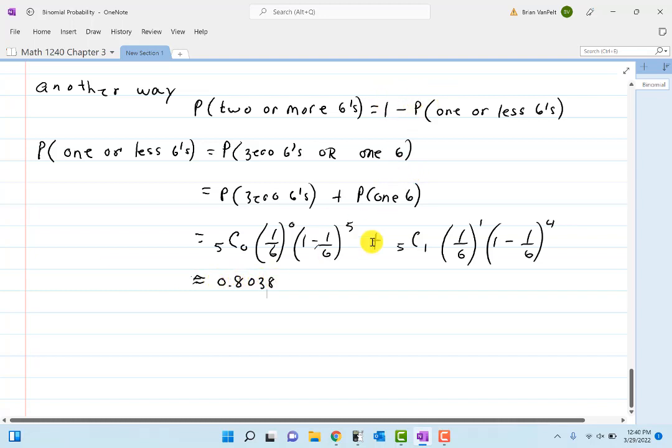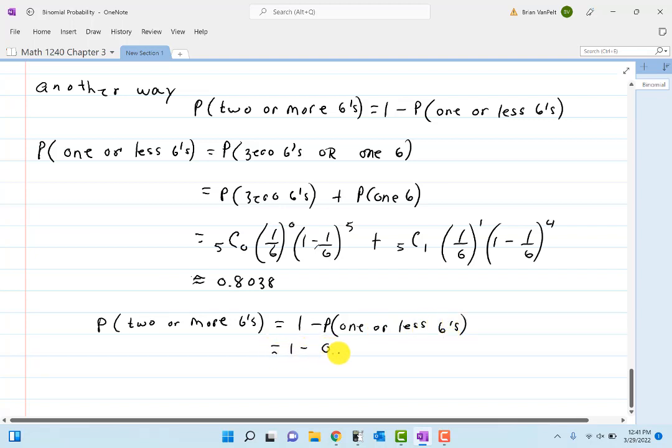Now remember, I got to do 1 minus that. So the probability of 2 or more sixes equals 1 minus the previous answer that I got. That's the probability of 1 or less sixes.